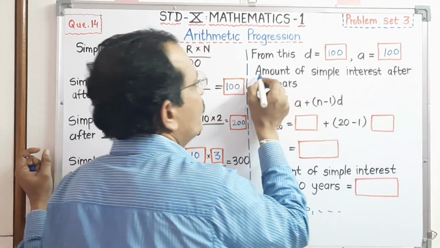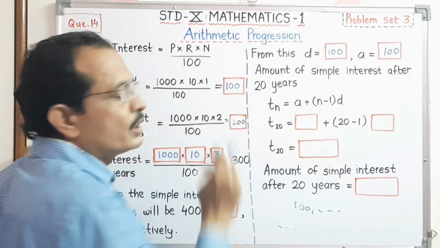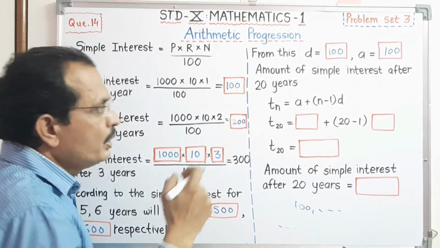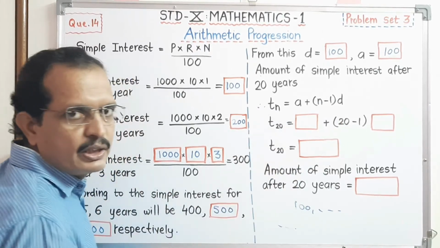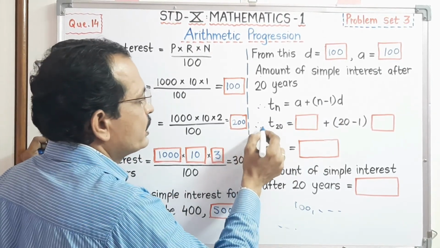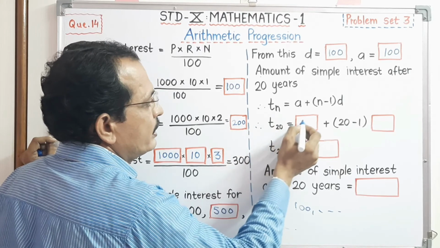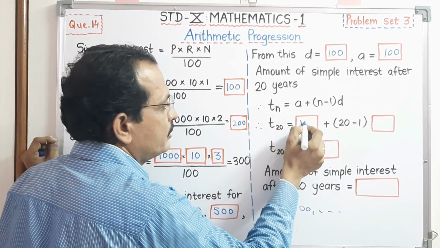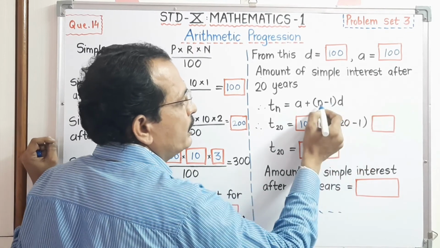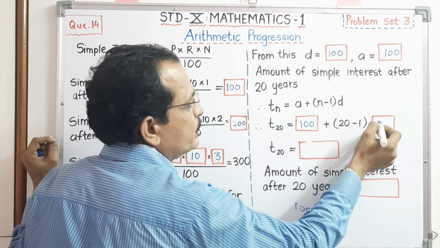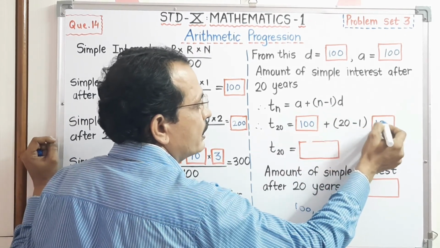Now we have to find the amount of simple interest after 20 years. Tn formula: Tn is equal to a plus n minus 1 into d. Now dear student, T20, here a means 100 plus 20 minus 1 into d, and d is equal to 100.